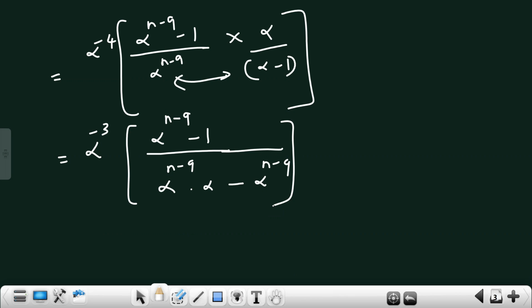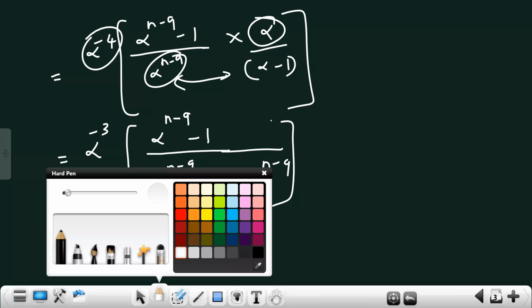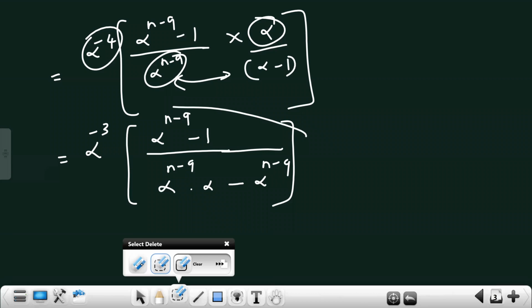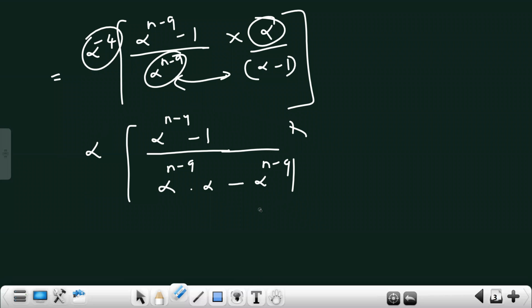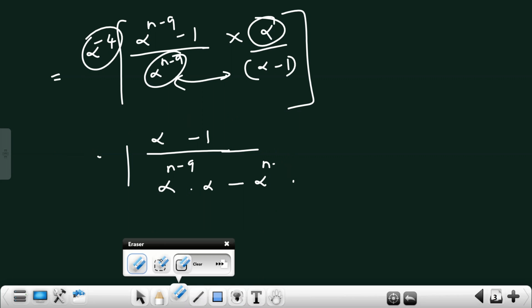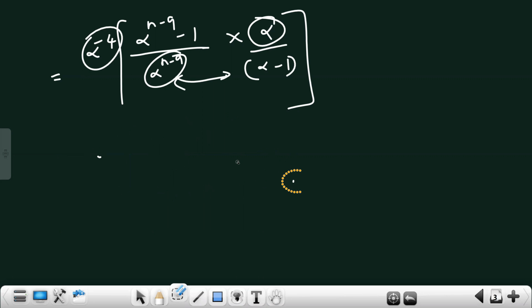Or else, yeah, you can club these three. Okay, don't multiply in a complicated way. You can multiply all the terms of alpha together and that is better. So take all those alpha exponents together and try to multiply. So what will be your answer?